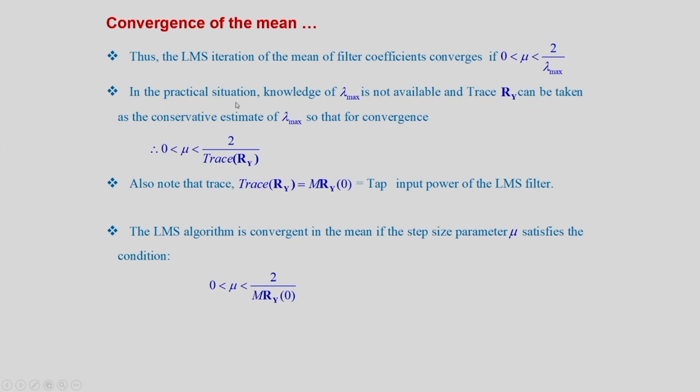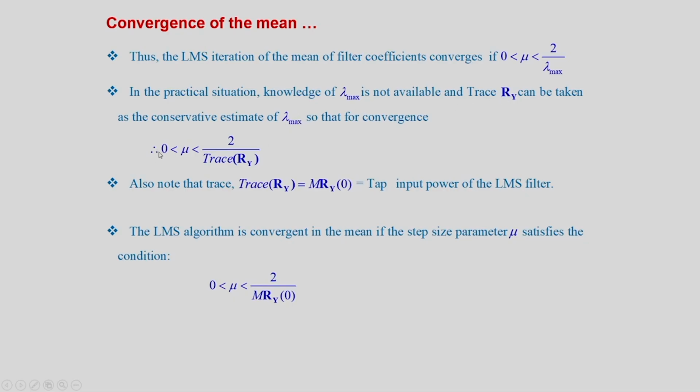In practical situations, knowledge of lambda max is not available or it is difficult to obtain. Therefore, we can consider trace of Ry instead of lambda max, like in the SDA method.